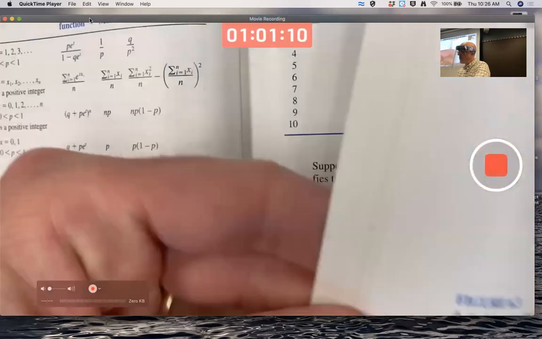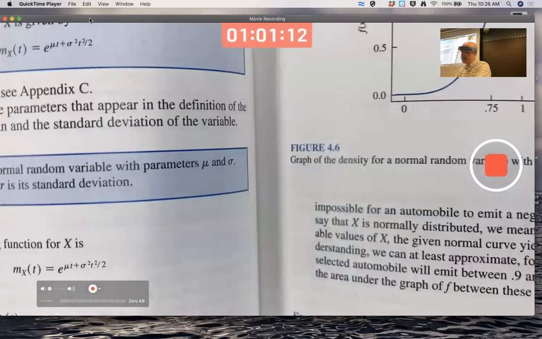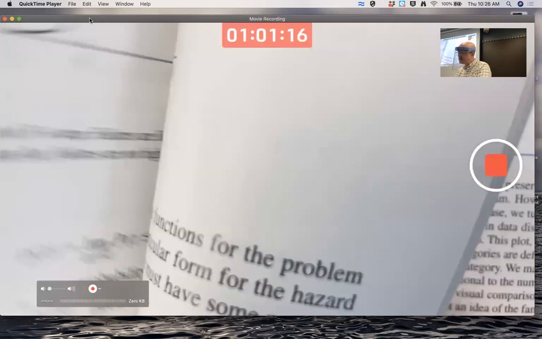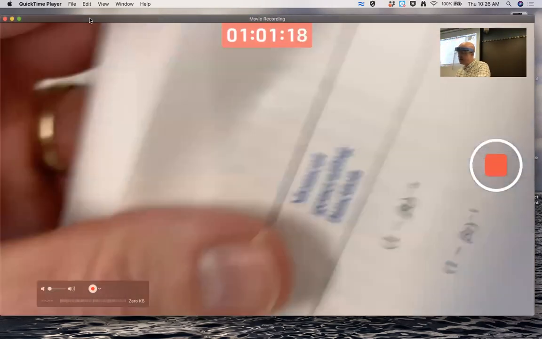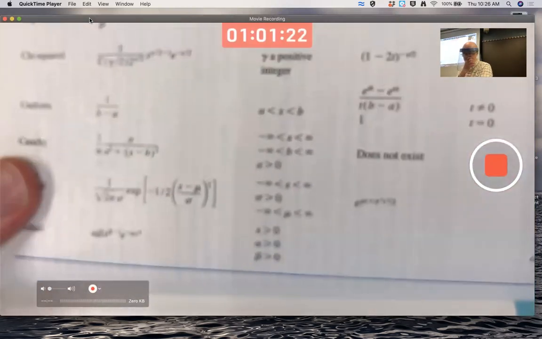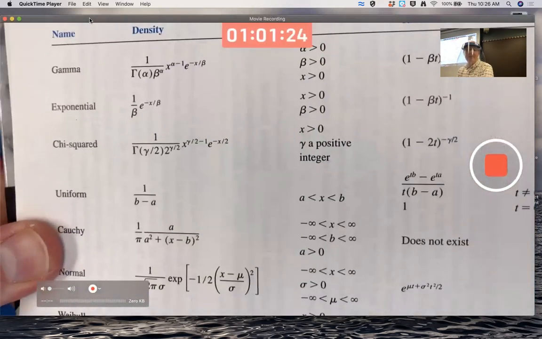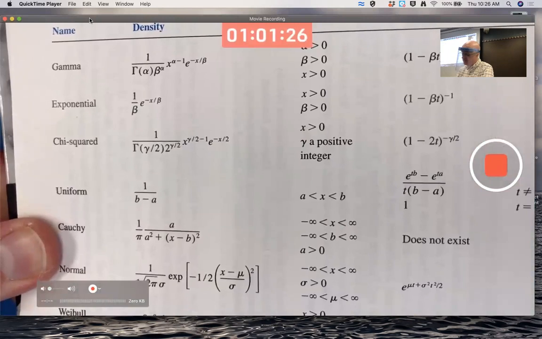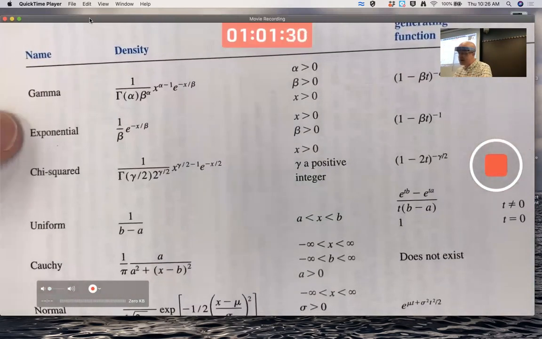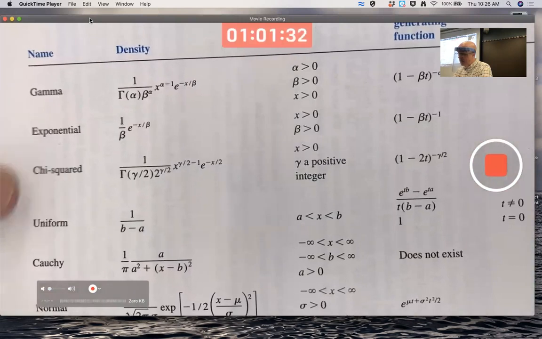In chapter 4, the particular distributions. This was page 78 for this table. Chapter 4, the table is late in the chapter, page 136, and it's sideways. In prob and stats, we talked about gamma, exponential, chi-squared, and normal.